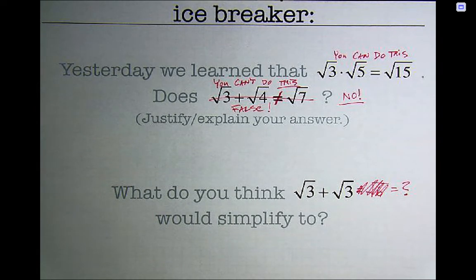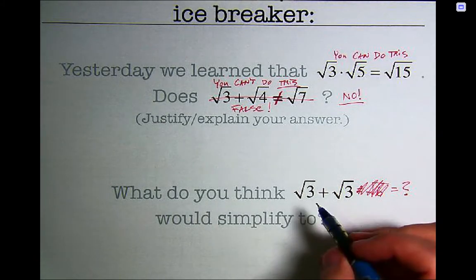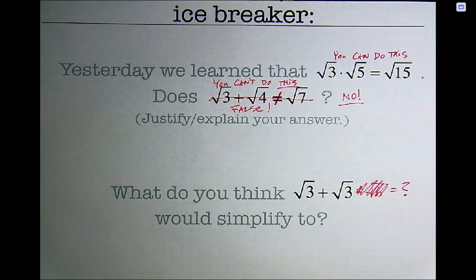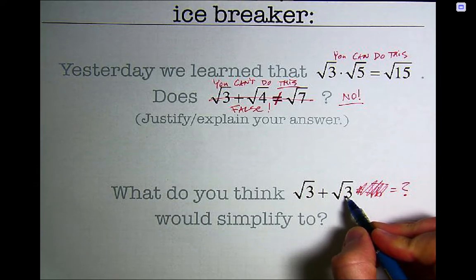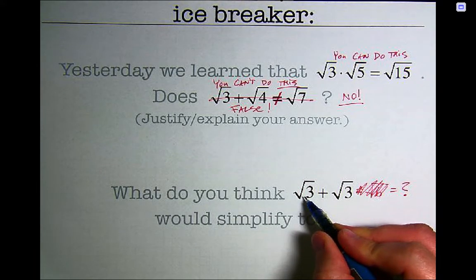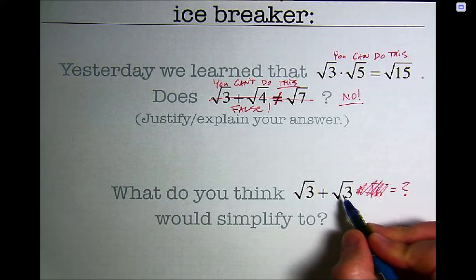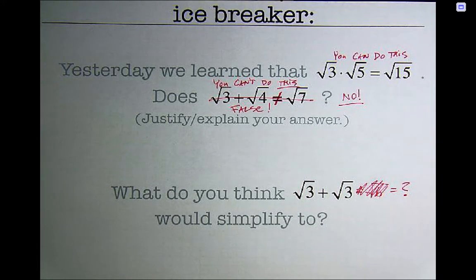Now, I'm going to go ahead and answer the question and give you the main idea by giving you an analogy. If you have something and then you add the same thing to itself, what do you always have? You have double that thing.